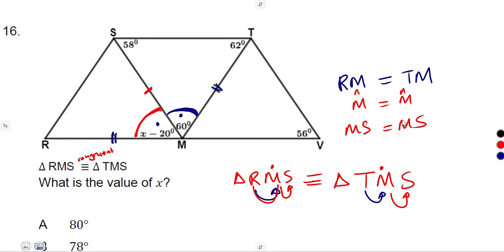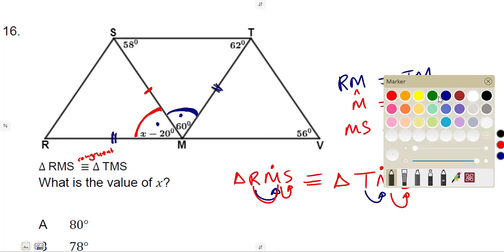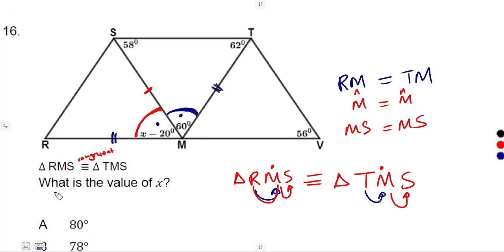But our question is not about what made them congruent, we just want to analyze what is happening. Knowing this can be very helpful to answer the question, because they're asking what is the size of X, angle X. Remember, angle M and angle M.